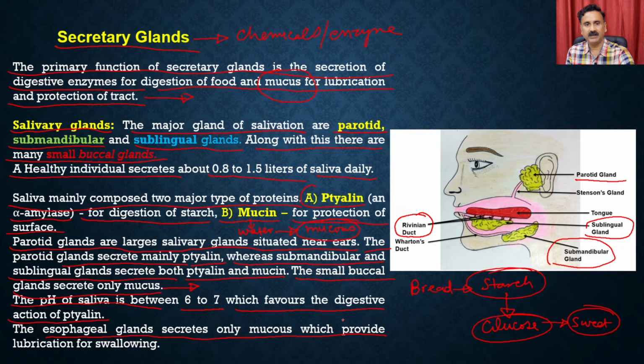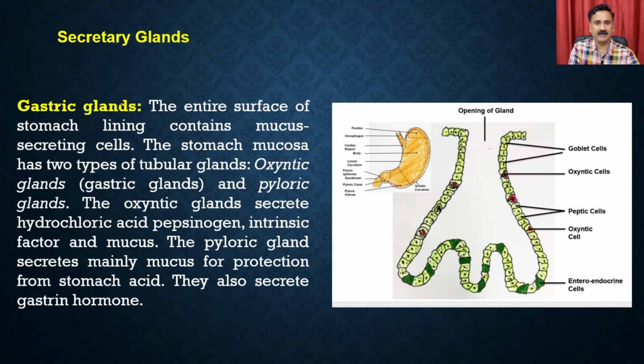Now, let us move to another region which is called the stomach. In the stomach you are going to have the gastric glands. You see the structure of the stomach, and on this structure you are going to have the gastric glands.